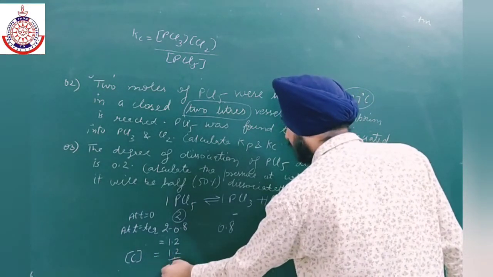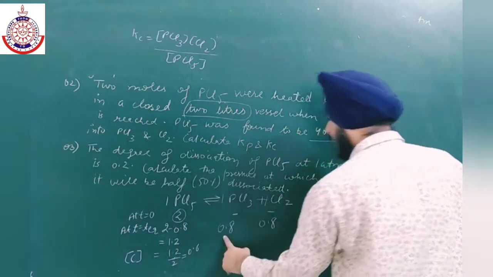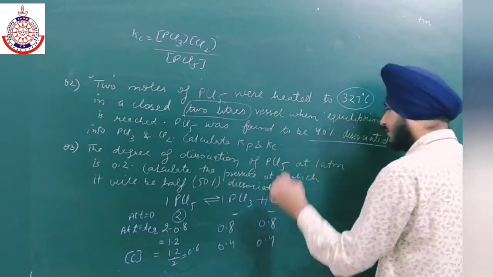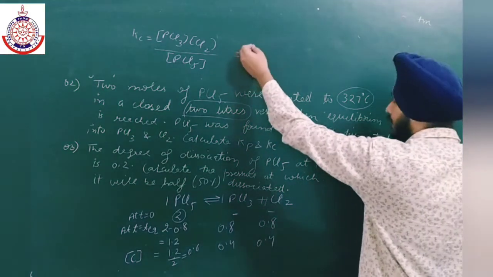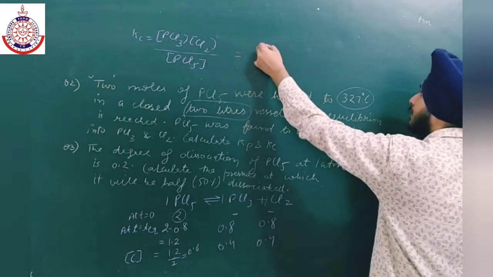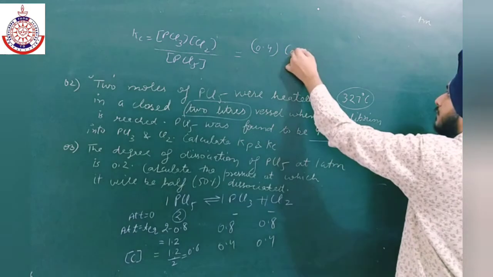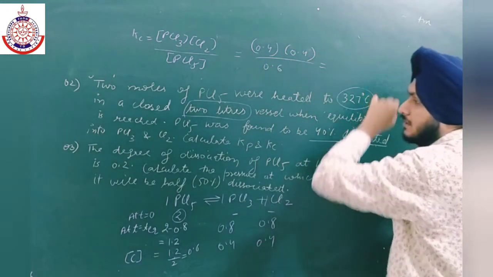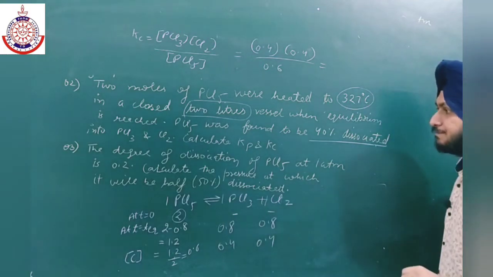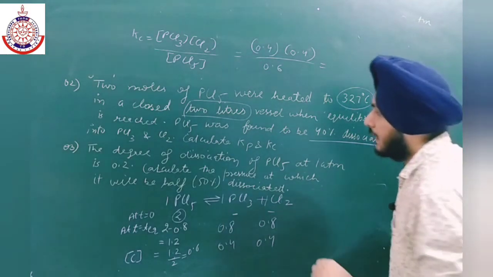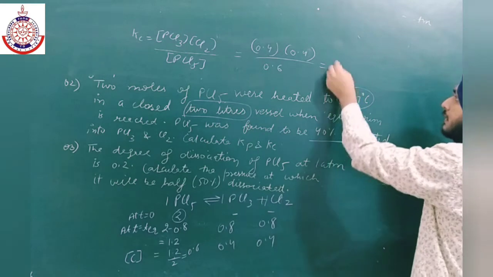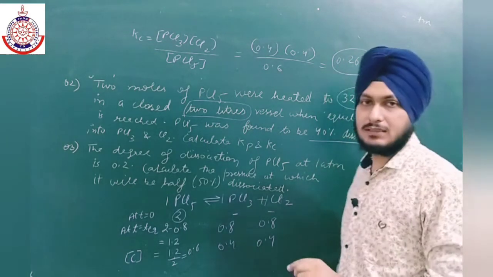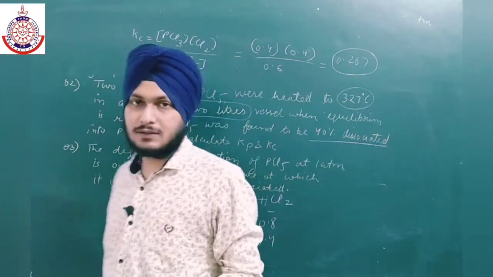So 1.2 divided by 2 is 0.6, 0.8 divided by 2 is 0.4, and 0.8 divided by 2 is 0.4. So Kc is 0.4 into 0.4 divided by 0.6, and the answer will be 0.267.